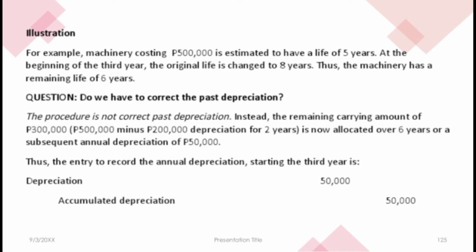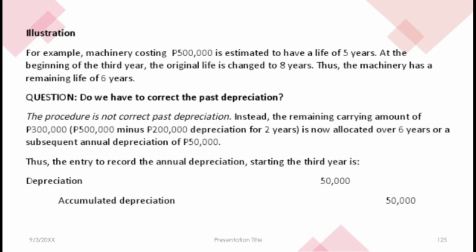So, bakit naman 6 years? Kasi nga 'di ba at the beginning of third year, na-re-estimate kung magkano yung useful life. Sabi 8 years. So, 2 years na yung nakalipas since nung nag-start. Kaya 6 years na lang yung natitira. So, 300K over 6 years, the subsequent annual depreciation is 50,000 na lang.